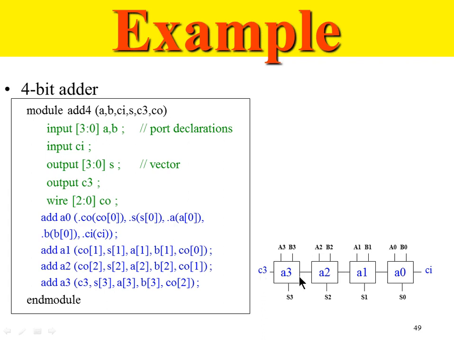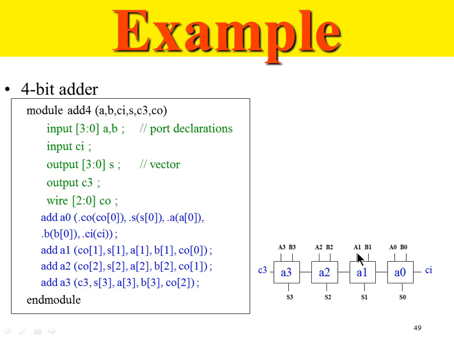Second adder, A1. What is the input carry for this stage? The output carry of the first stage becomes the input carry of the next stage, which is here. The last associated value is the input carry. The first associated value is the output carry, which is CO1, the first bit of this wire. Then S of 1, then A of 1, B of 1.